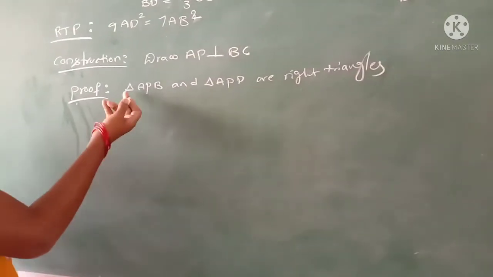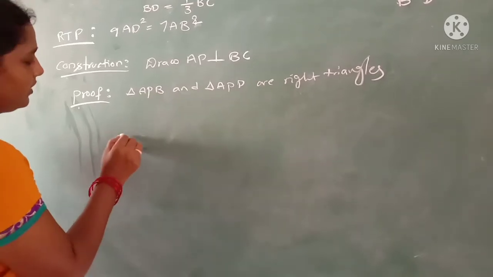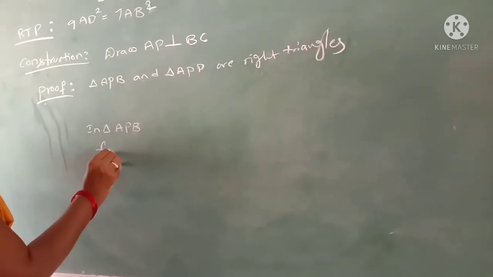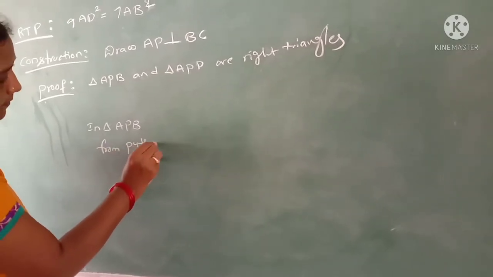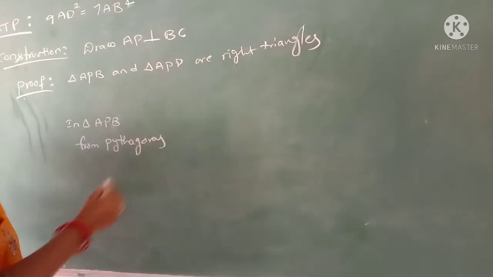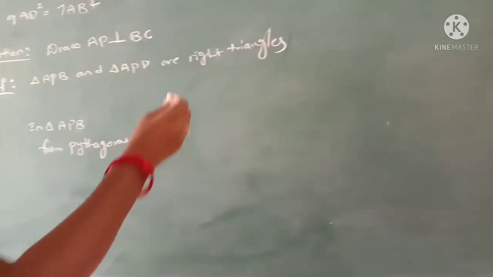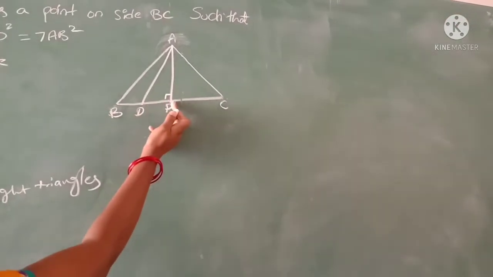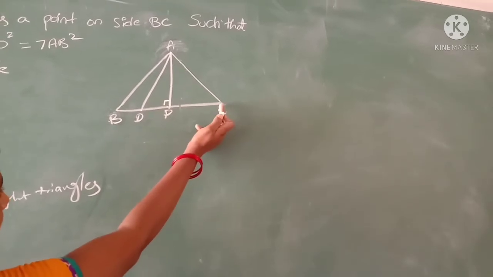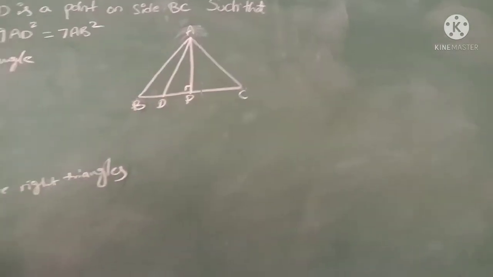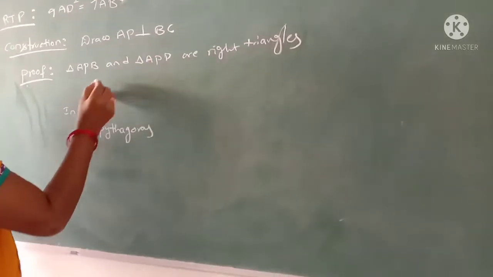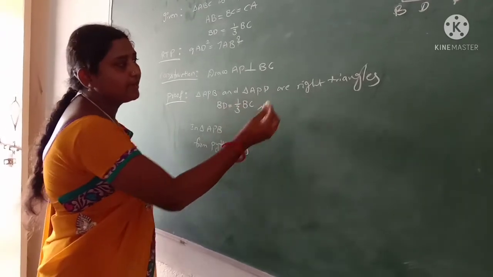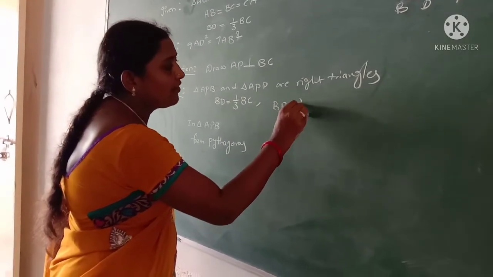First we take triangle APB. In the figure, BD is 1 by third of BC and BP is equal to 1 by 2 of BC, it means half of BC. So first write BD equals 1 by third of BC and BP equals half of BC.